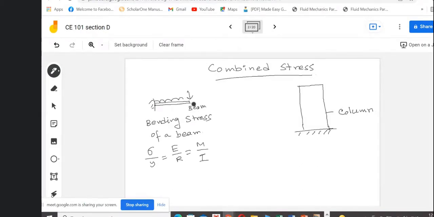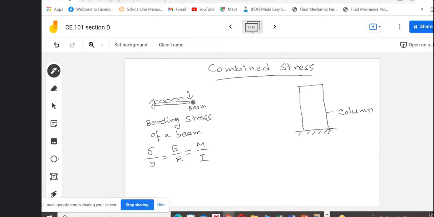But the most important difference is, if you remember the definition of a beam, I said that a beam is a structural member which is acted on by loads in the perpendicular direction to the beam axis.